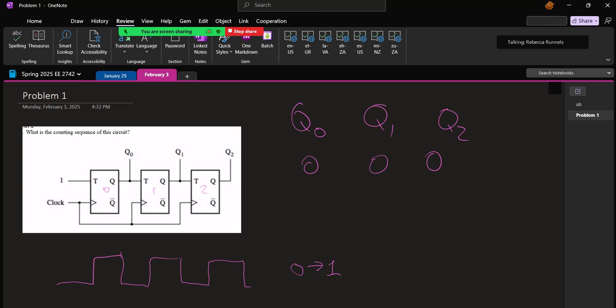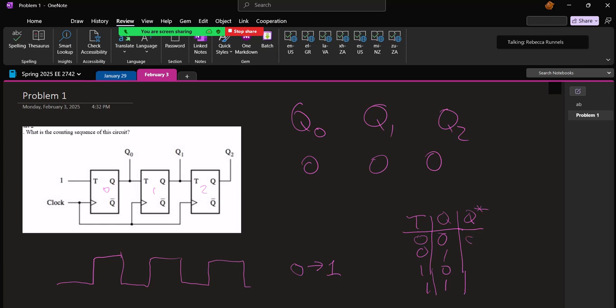So Q is the output that I had before. And if T is 0, there's no change.